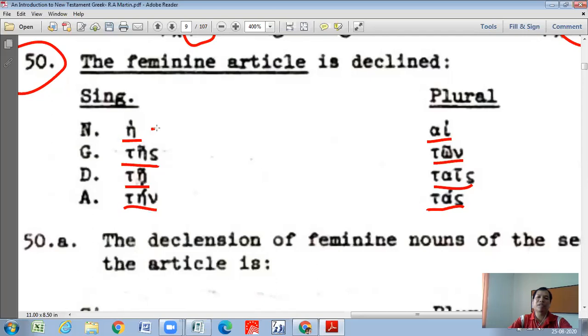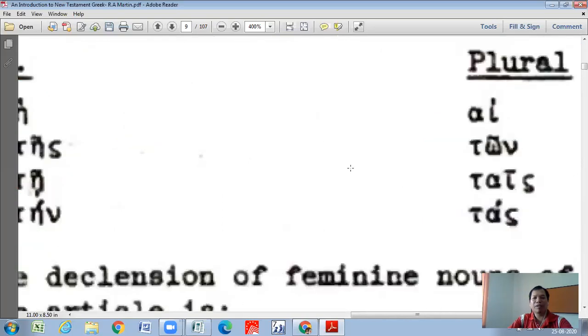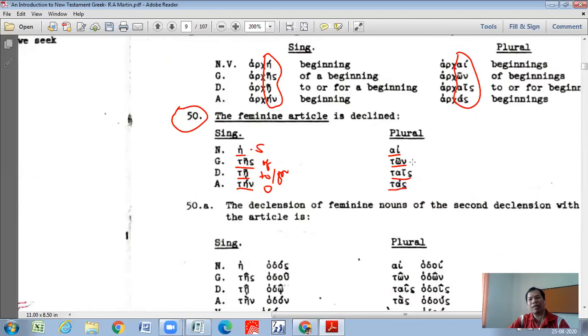You know this is the subject, or the nominative. This takes the idea of to or for the. And this is the object, the same thing in the plural also. So there is the article of the feminine noun.